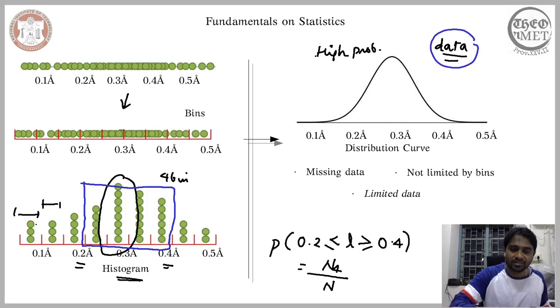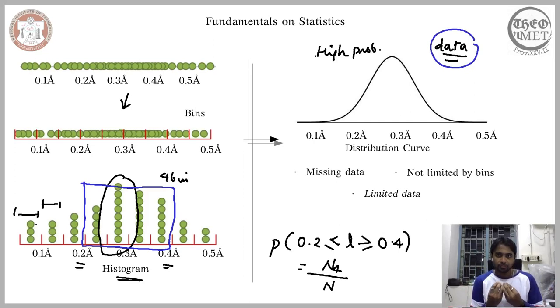However, we saw that these bins that enable us to build the histogram pose an implicit limitation, because we won't be able to estimate the probability of the lattice parameter lying within these bins. So we have 2 bins and they have a definite range of the lattice parameter, and if I want a range that sits in between these 2 ranges, it will not be possible for me to estimate it through the histogram.